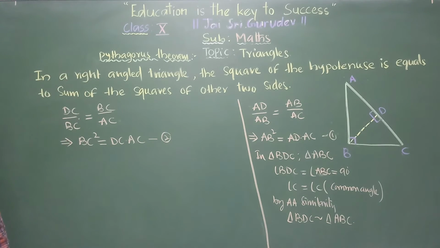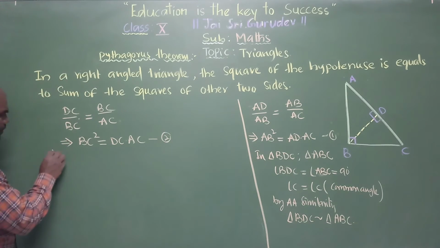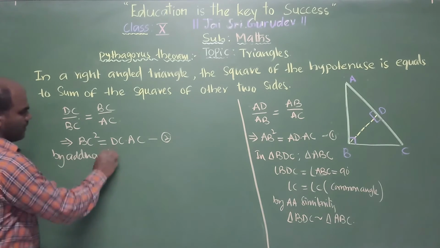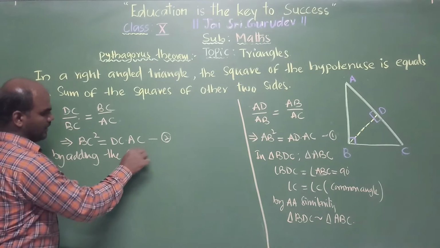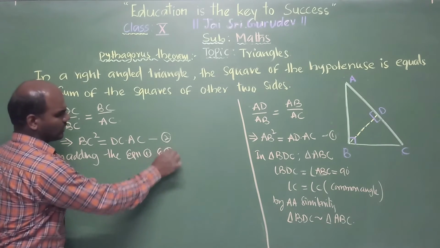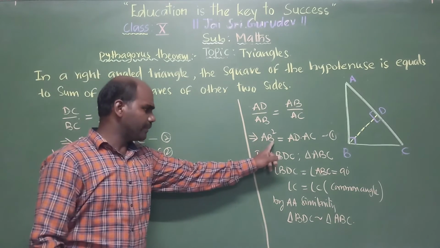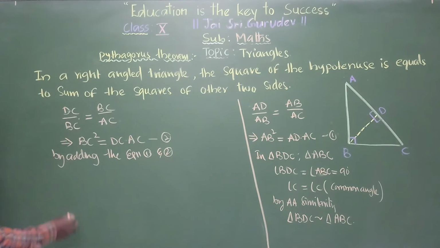By adding equation 1 and 2, equation 1 is AB square, next here is BC square.